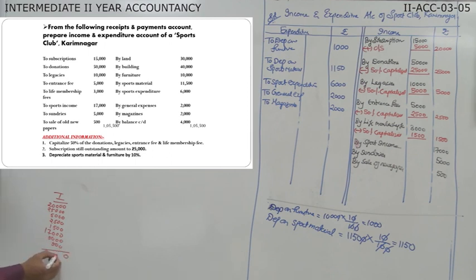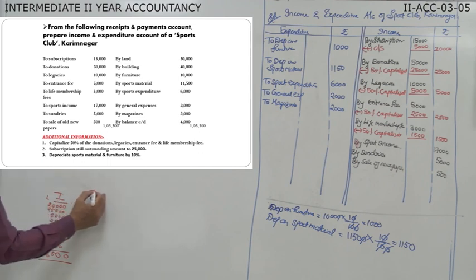We'll add: 0, 0, 5, 10, 15, 5, carried 1, 6, 7, 14, 15, 16, plus 10, 26. 2, 4, 6 plus 1, 7. 76,500.